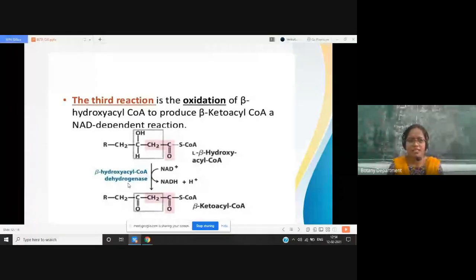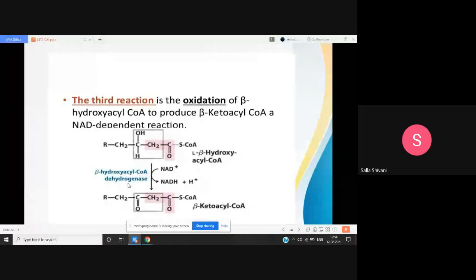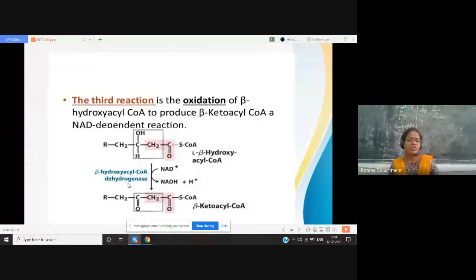We know, right? Yes, ma'am. Here we have to see NAD is getting converted to NADH plus H plus. That means this reaction involves our NAD, so this is an NAD dependent reaction, in the conversion of beta hydroxy acyl CoA into beta keto acyl CoA.